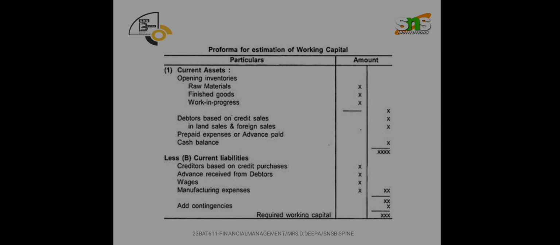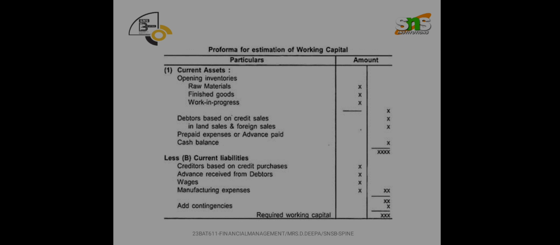Current assets start from raw materials, work in progress, finished goods, and even debtors, as we all know. Also the prepaid expenses, the advances we paid, and all the cash balances that we have. All the assets that we have right now come under the current assets category.